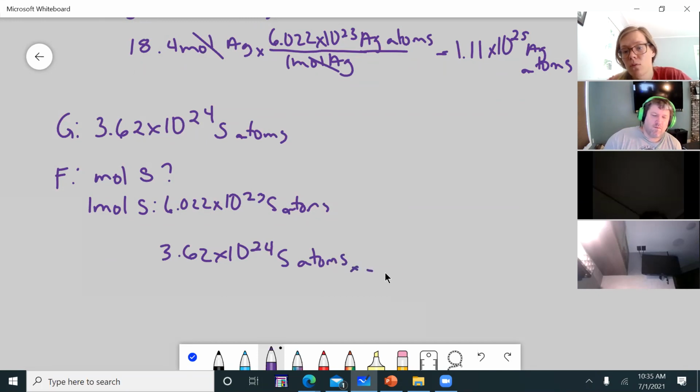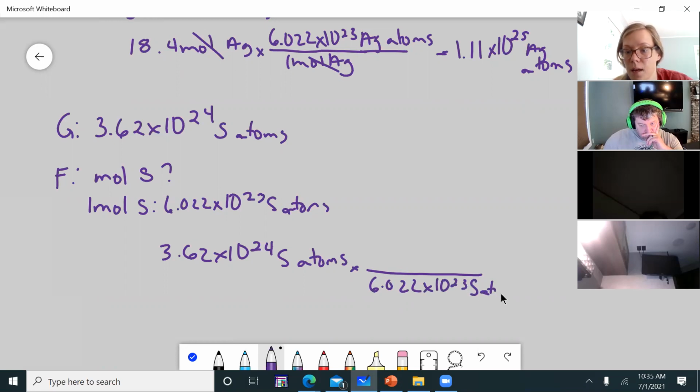That means when I convert, I need to put the sulfur atoms on the bottom. So I'm going to put that 6.022 times 10 to the 23rd sulfur atoms on the bottom, and the 1 mole of sulfur goes on top. So sulfur atoms will cancel and you'll be left with units of moles.